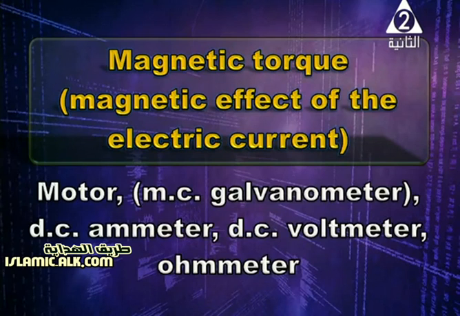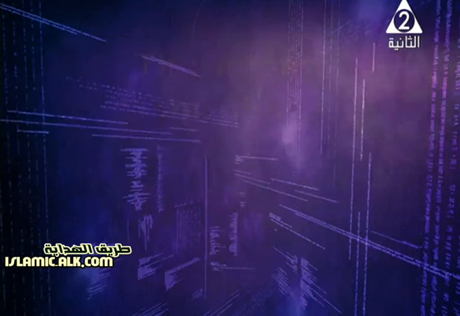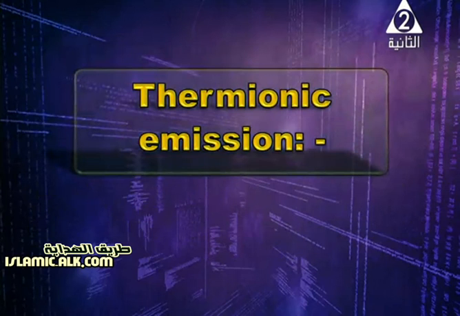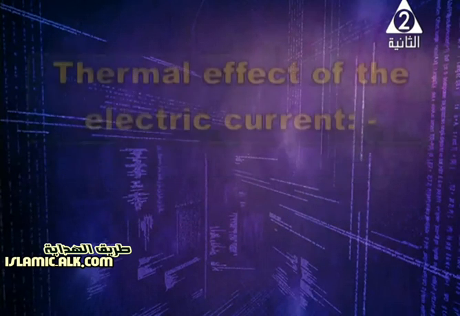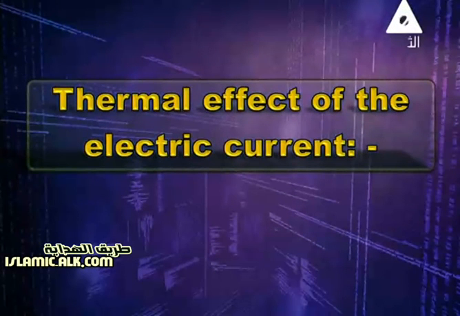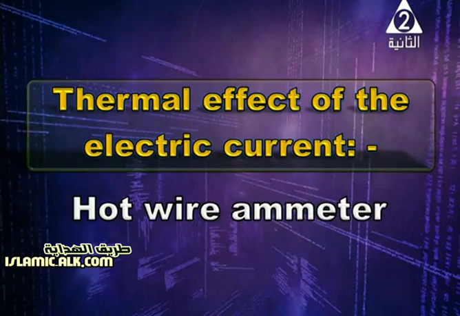So motor, moving coil galvanometer, ammeter, voltmeter, ohmmeter, they are all based on magnetic torque. A device based on thermionic emission is the cathode ray tube. A device based on the thermal effect of the electric current is the hot wire ammeter.